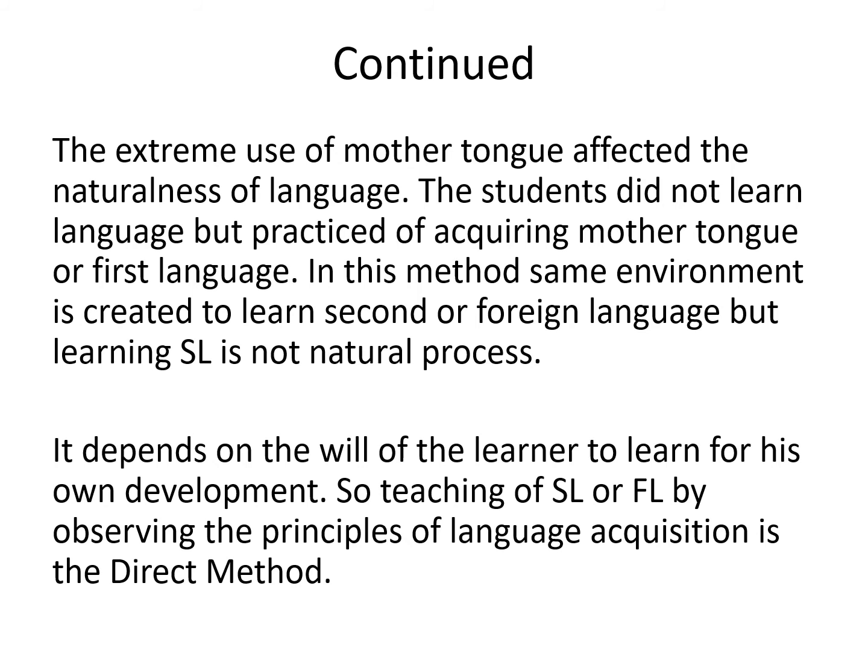We have to pay attention, we have to put in effort, and we have to give our full attention to that language. It depends on the will of the learner to learn for his own development. So teaching a second or foreign language by observing the principles of language acquisition is the direct method.